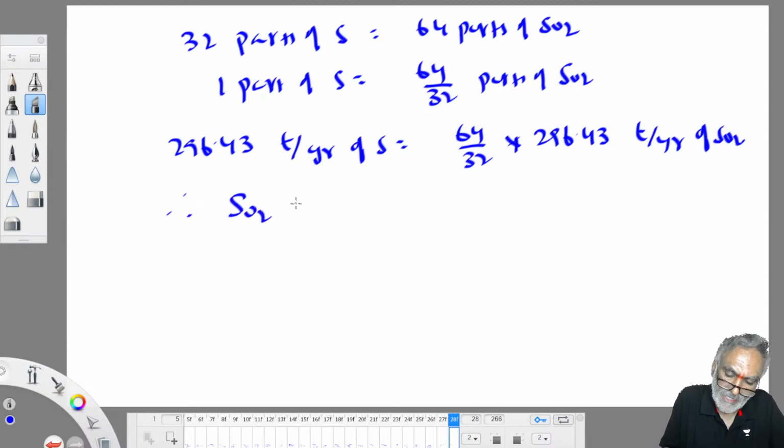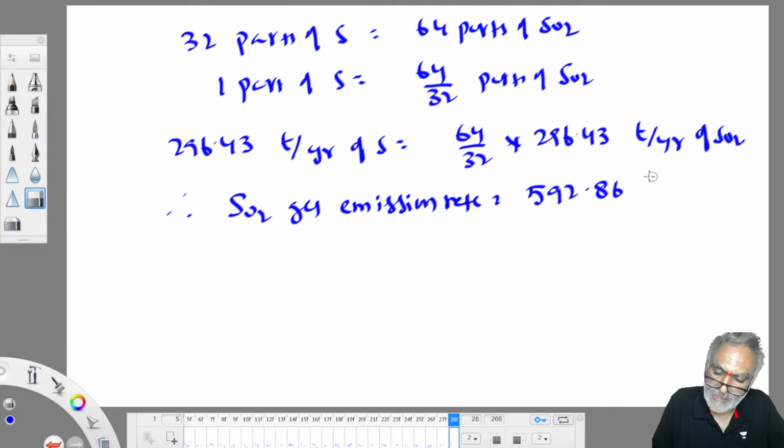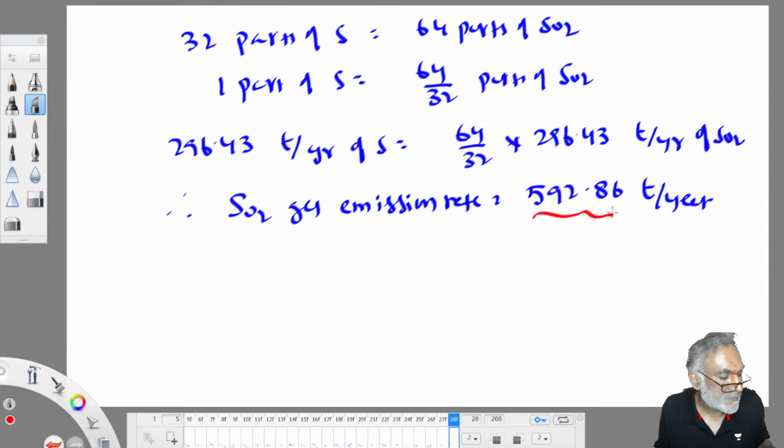Therefore, sulfur dioxide gas emission rate is equal to, so it is double, just double. 592.87 or 86 tons per year. That was the answer for this question. Suppose not mentioned, 6% is not trapped in ash, then 100% escape as gas. That's how we work out. Understood this question? Those who are watching?